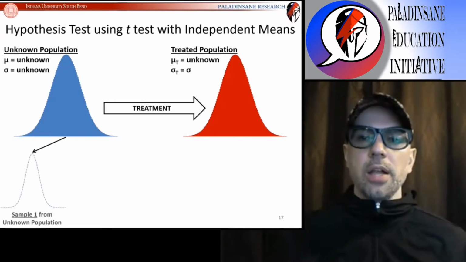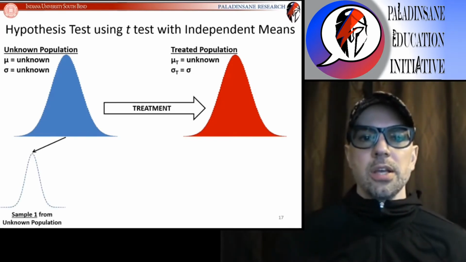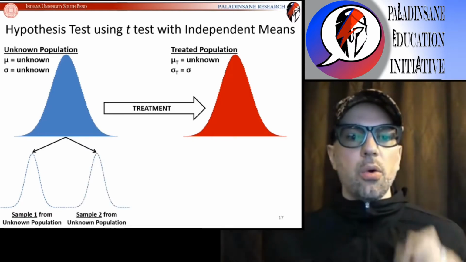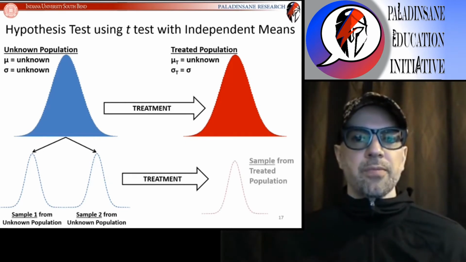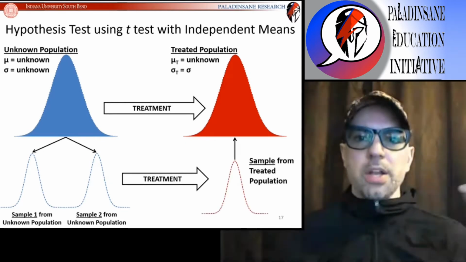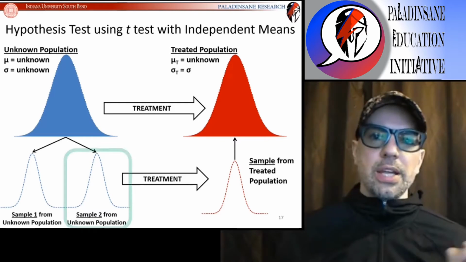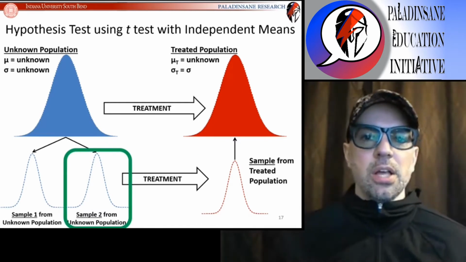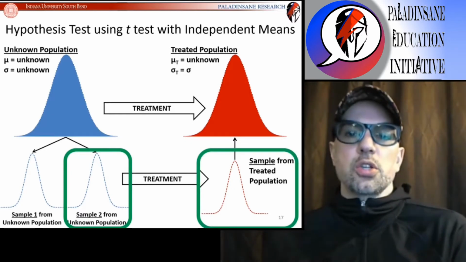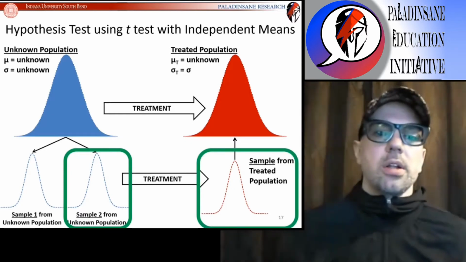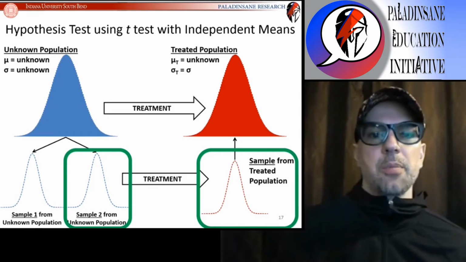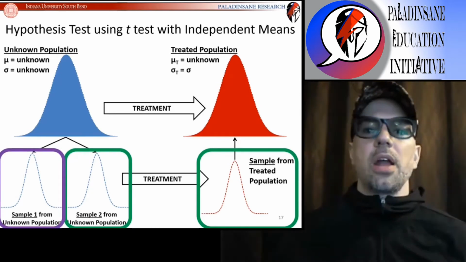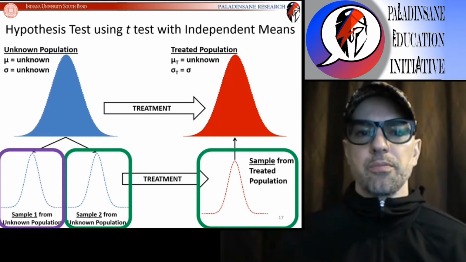We take sample 1 from the unknown population, and then we take sample 2 from the unknown population, and we only treat sample 2. So we want to know, when we treated sample 2, did that treatment change the sample so that it now belongs to the treated population, or did it not do anything, so it still belongs to the same population as sample 1, the original untreated population?